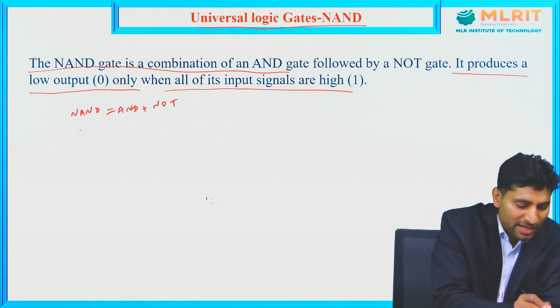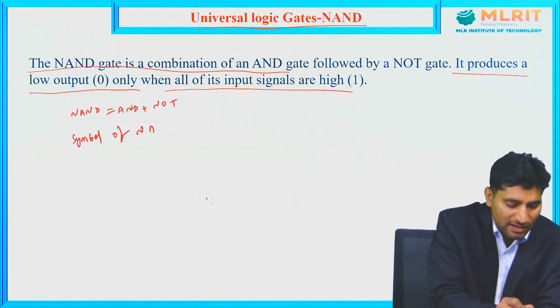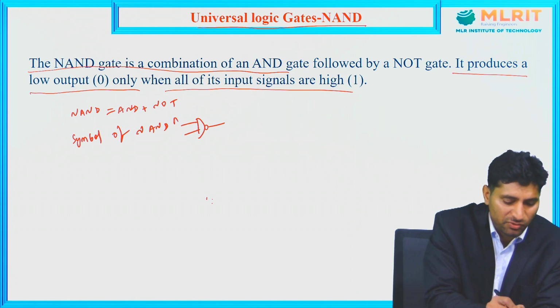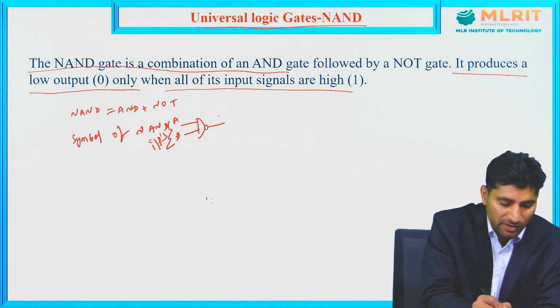The symbol of the NAND logic gate is this one. For simplicity, I am taking only two inputs, A and B. These are the inputs and this is my output.